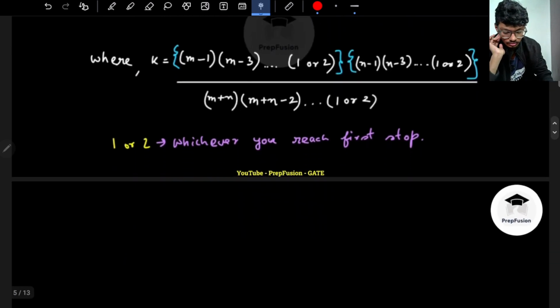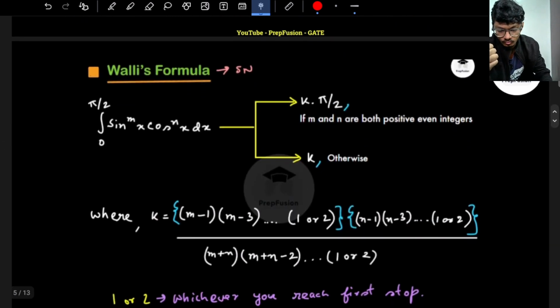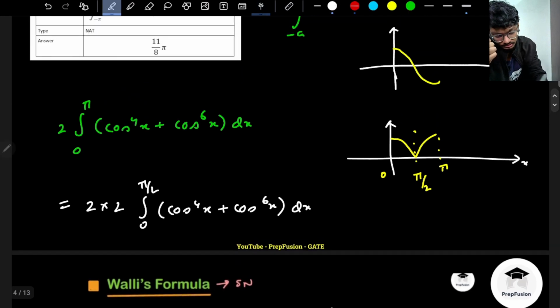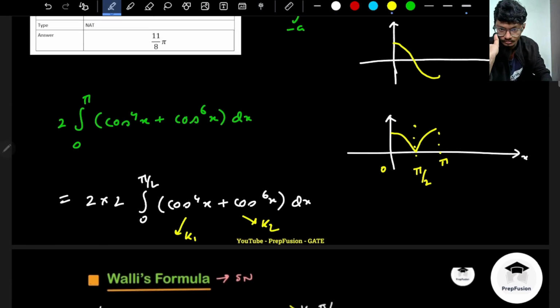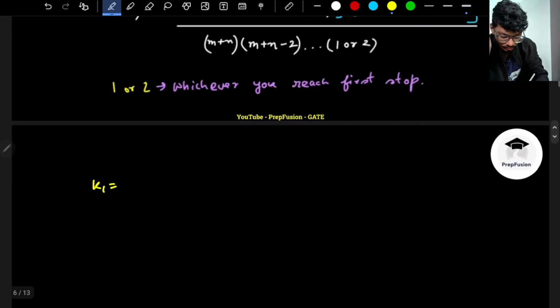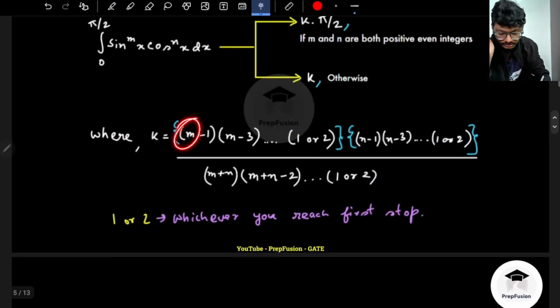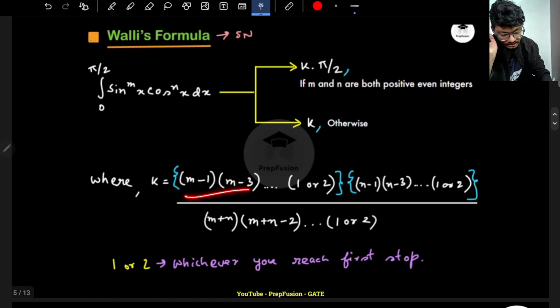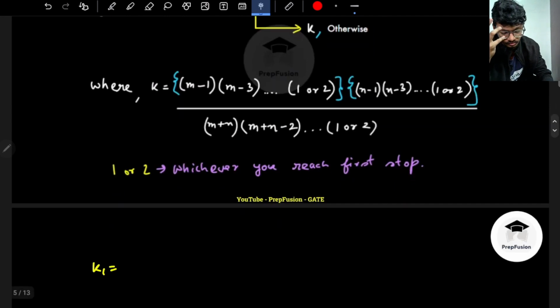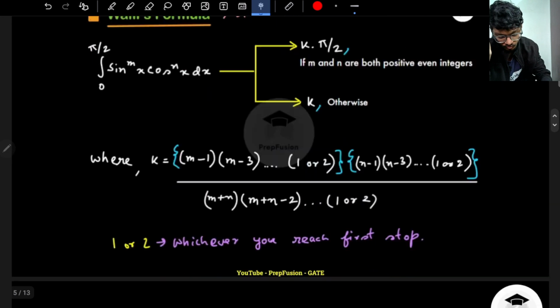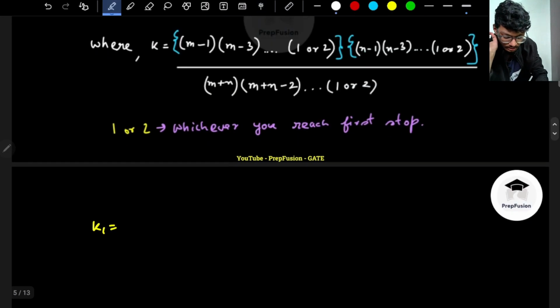As I have two values for this, I will assume that for this integration I am getting k1, and for this integration I am getting k2. For k1, this is the power of sine, this is the power of cos, so n minus 1, n minus 3, like this I will go. The power is 4, so we go 4 minus 1 into 4 minus 3, and I stop there because it will be 1.